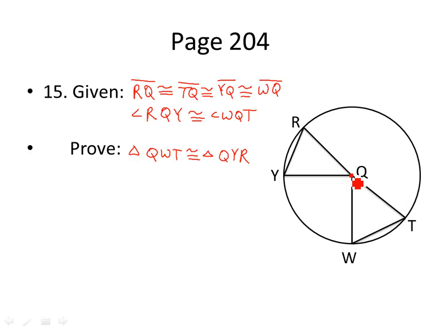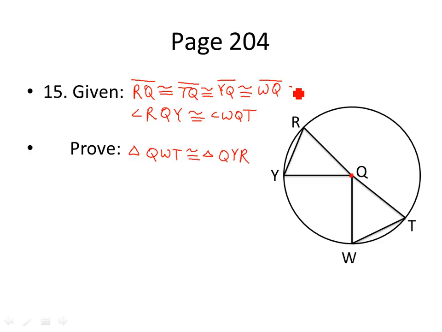Later on in the year, we're going to learn that in a circle, if I have QT as a radius, QR is a radius, QY is a radius, QW is a radius, guess what has to be true about all their lengths? They're the same. Well, it's actually a theorem, another real short theorem that we're going to learn later on.